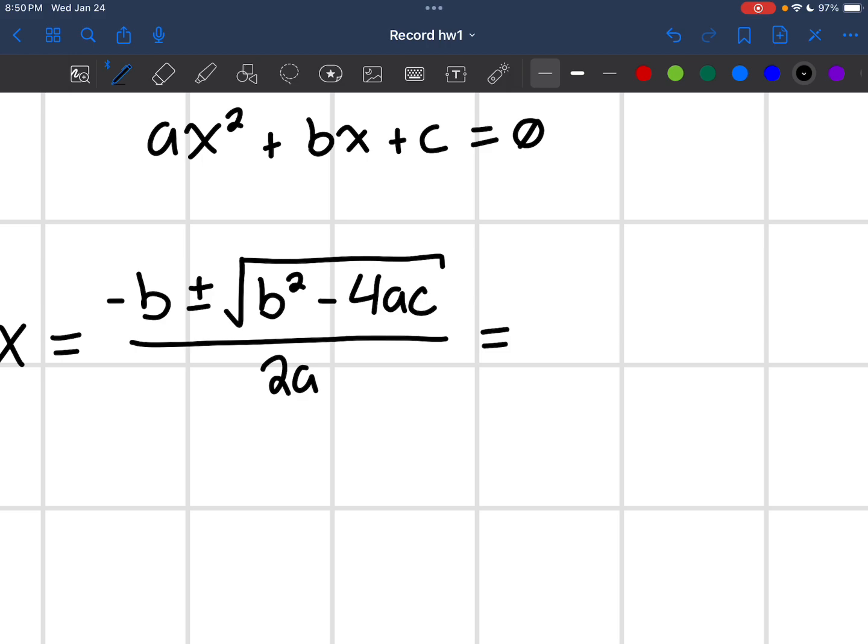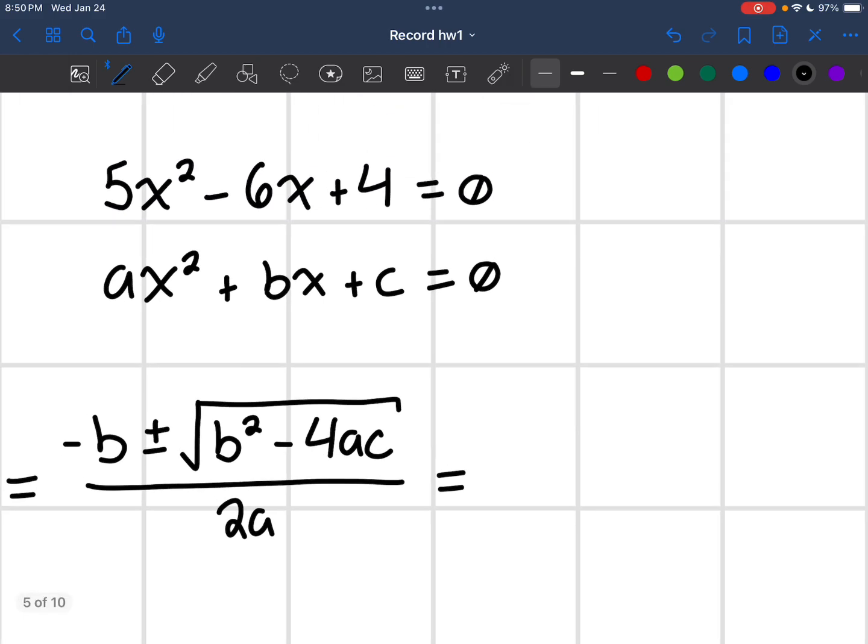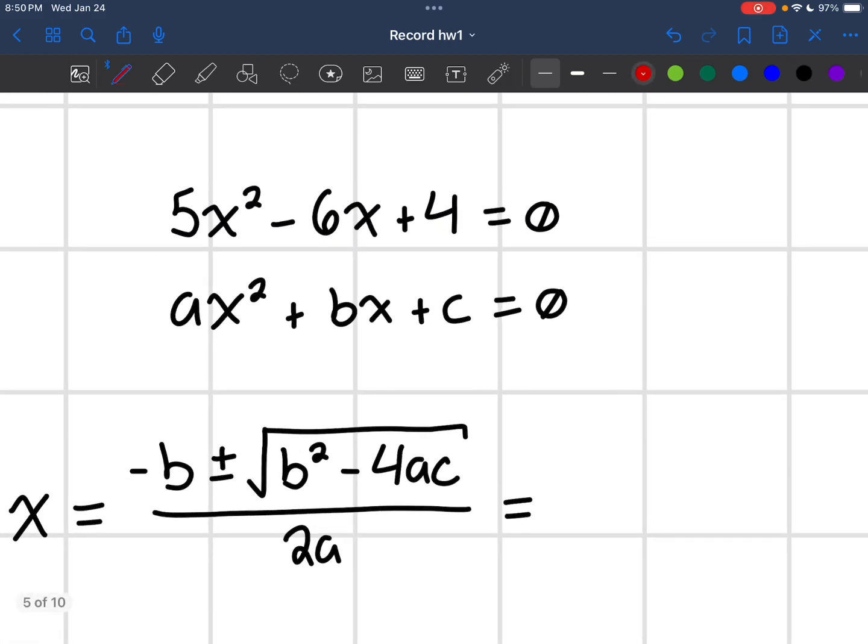So plugging in my values, up here I have a equals 5, b equals negative 6, and c equals 4.